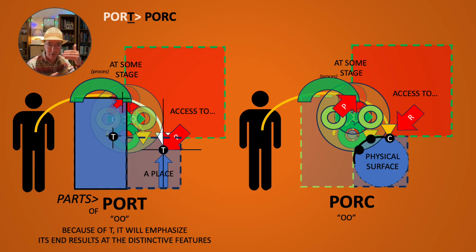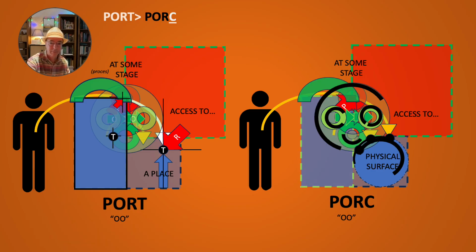The parts to get you to the port are like the door knob, the door sign, let's say, and then the place. So these are the distinctive features. If I emphasize them a little bit more, I even see better what is already the access point and what the access point is a reference to. And I can do the same with PORC, of course.